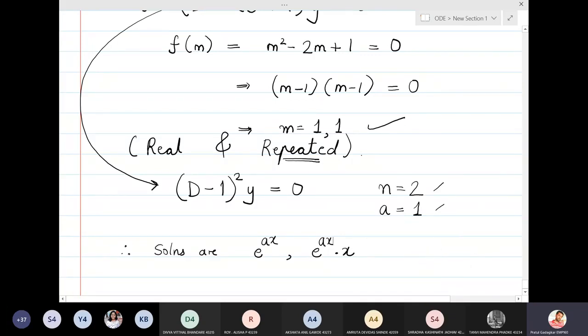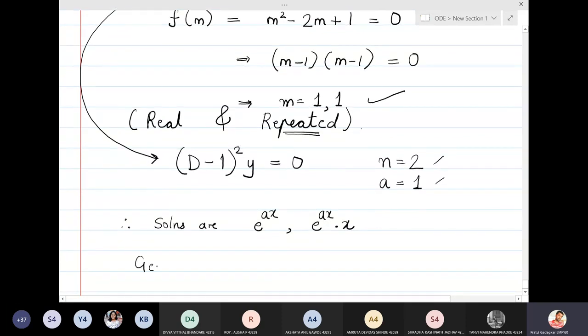So how many solutions have I got? I have got 2 solutions. Therefore, the general solution is y equal to c1 e raised to ax, where a is also 1, so c1 e raised to x plus c2 x e raised to x. First solution, second solution.